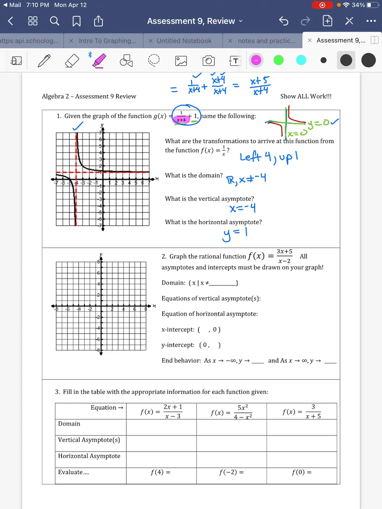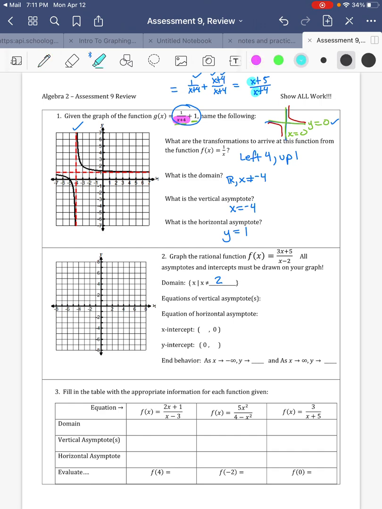And then you start to see that, oh, well, the numerator and the denominator have matching exponents, have matching degrees, and so you take the leading coefficient, and since the leading coefficient in both cases is 1, then that's why it's y equals 1.